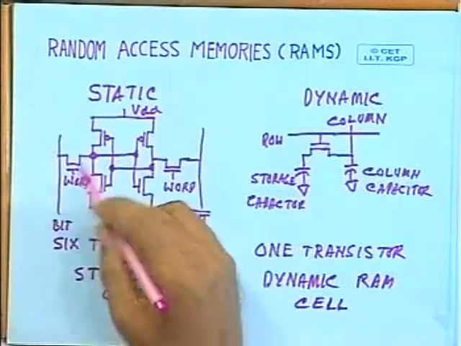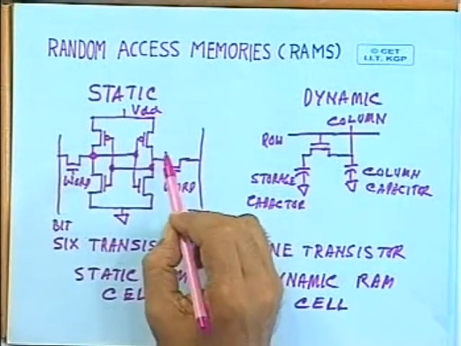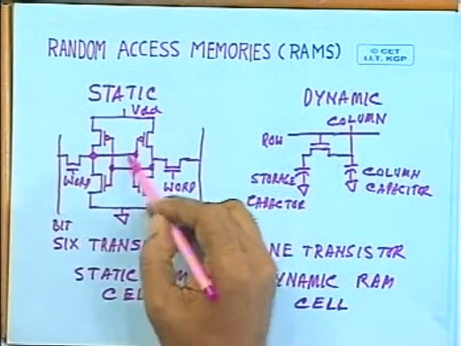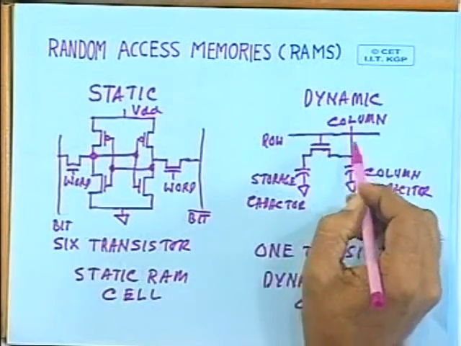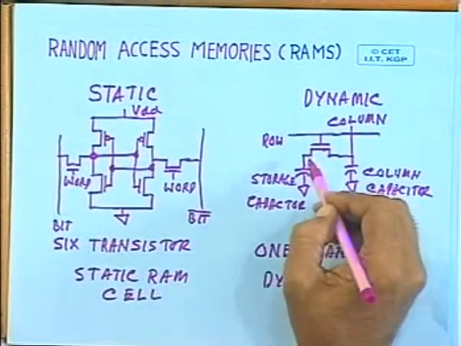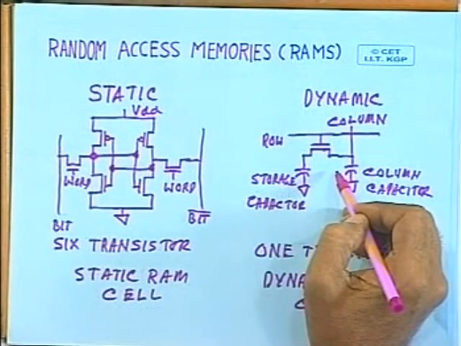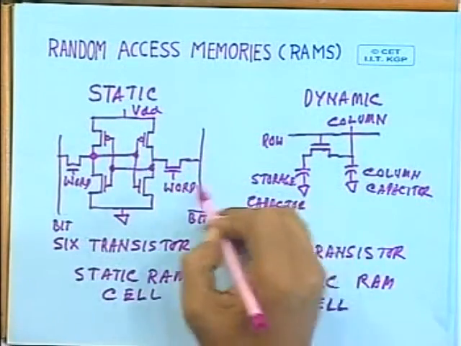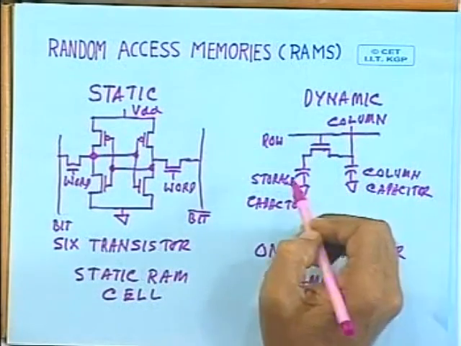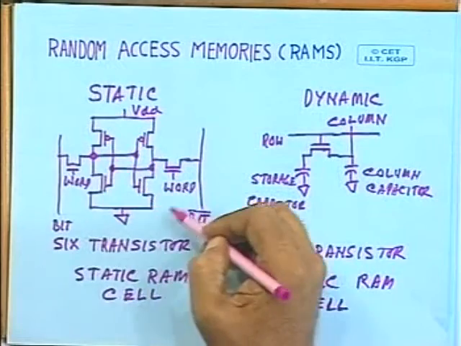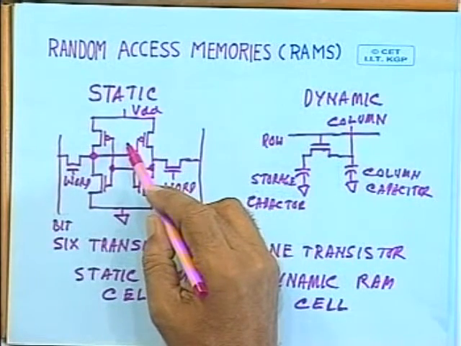Obviously, the static RAM is widely used, particularly in small systems, because the dynamic RAM, although it has some advantage, the capacity of the chip is much higher, about 4 times. That means by using the same technology, a single chip can accommodate 4 times the memory size of the corresponding static RAM.